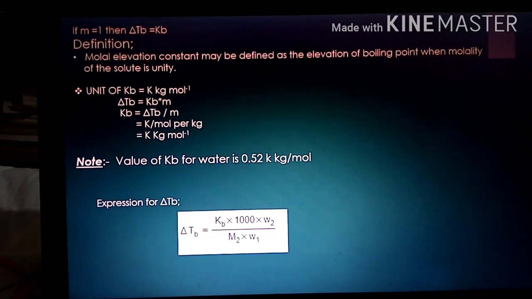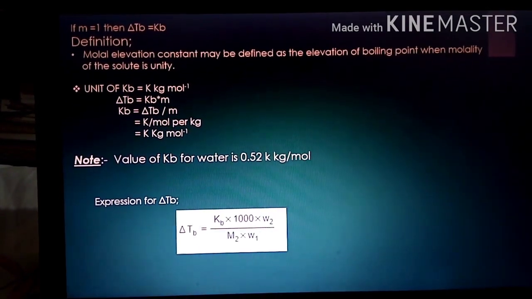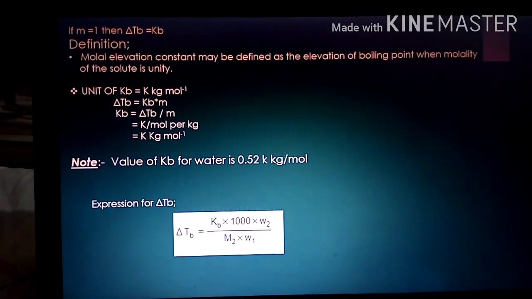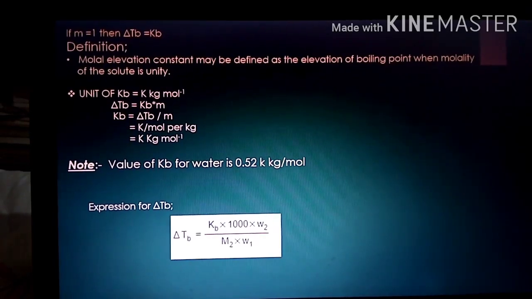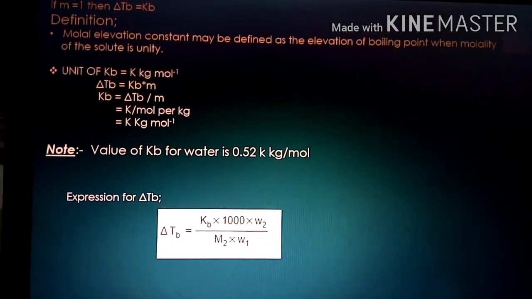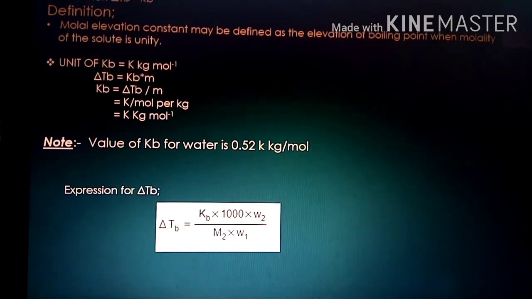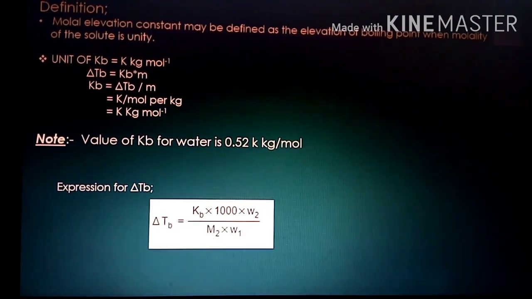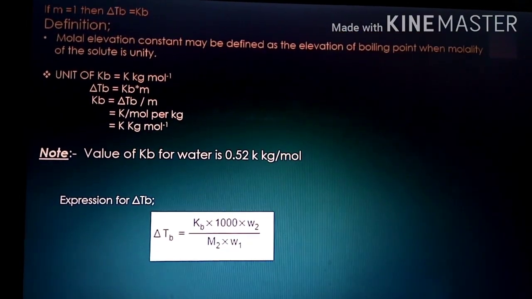Now further talk about its unit. The unit of Kb, the molar elevation constant or ebullioscopic constant, is Kelvin kg mole inverse. How does it come? Let's see. We know that delta TB equals Kb into m.